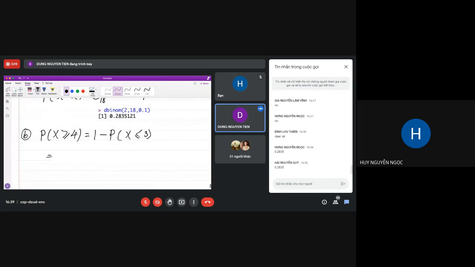Okay, and then you get 1 minus (18 choose 0) times 0.1 to the 0, times 0.9 to the 18, and then you get (18 choose 3) times 0.1 to the third, and 0.9 to the 15. Okay?